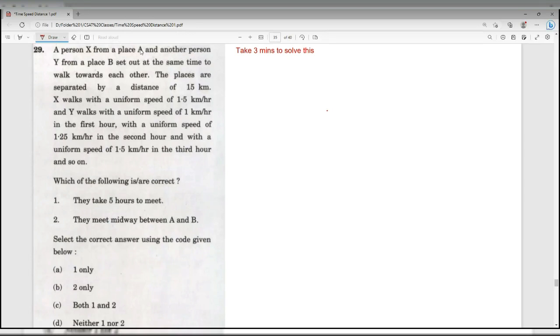So let's draw the diagram here. A person X from a place A and another person Y from a place B. Let this be A and this be the place B. X is here, Y is here, X is moving this side, Y is also moving, they both are approaching, and this distance is 15 kilometers.